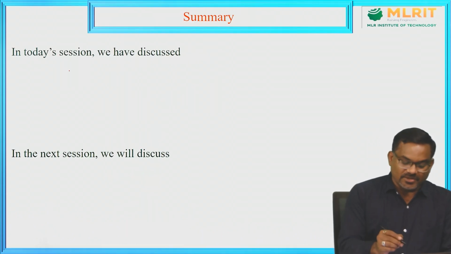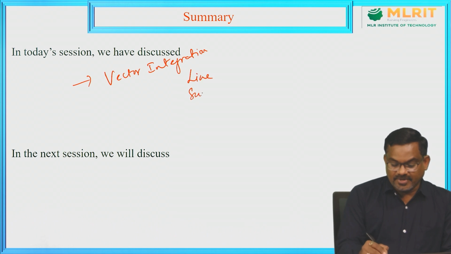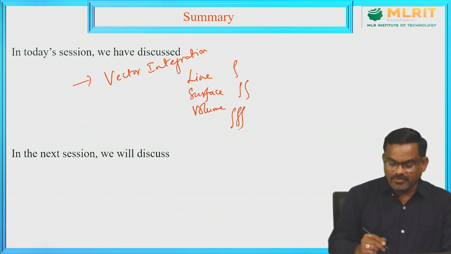In today's session, I have introduced vector integration. In vector integration, there are three types of integrals: line, surface and volume. Line integral means single integration, surface is double integral, volume is triple integral.